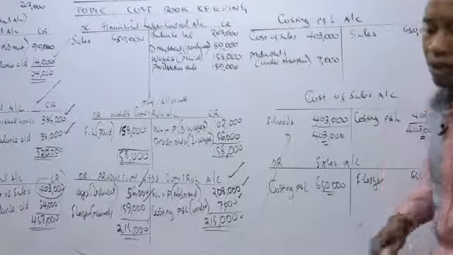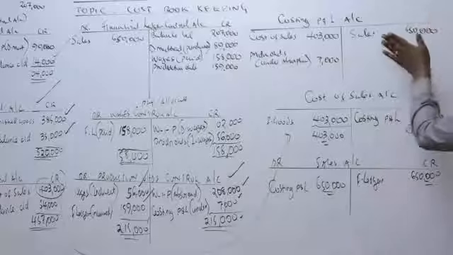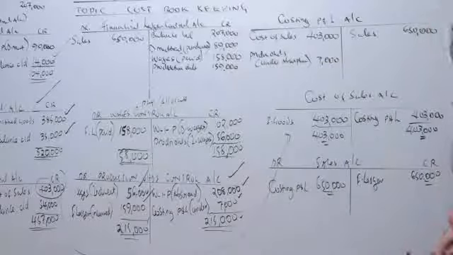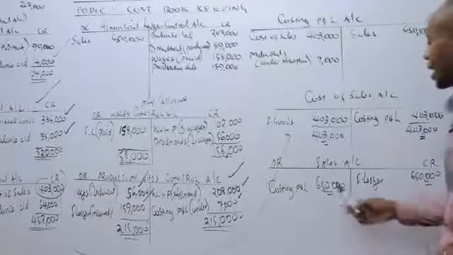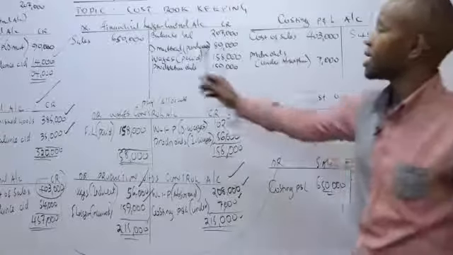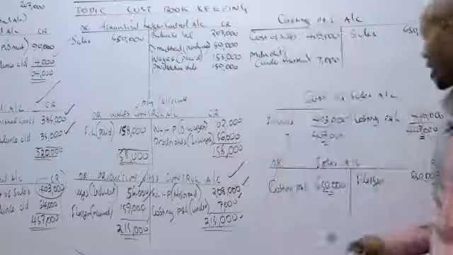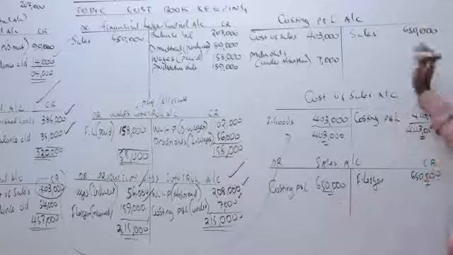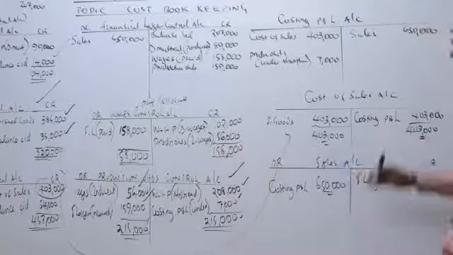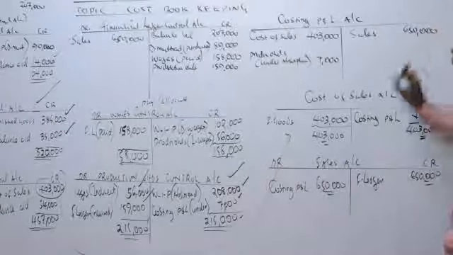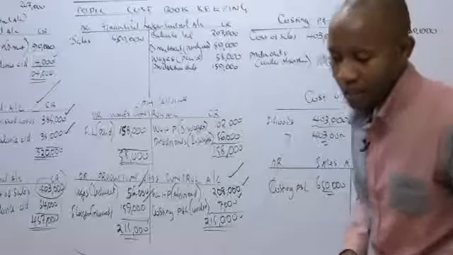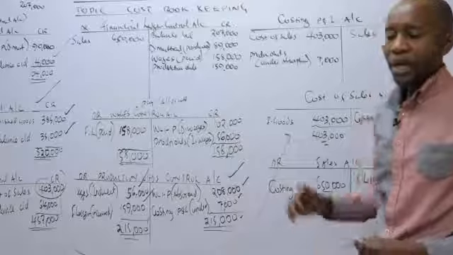So that's what I was saying. You could have just brought the sales here immediately. But it's good to just complete the double entry so that you're able to show that when I sell, I credit this, I debit this. And then I transfer the sales to the profit and loss account by debiting sales and crediting the costing profit and loss account.